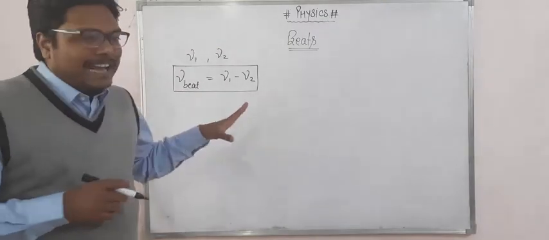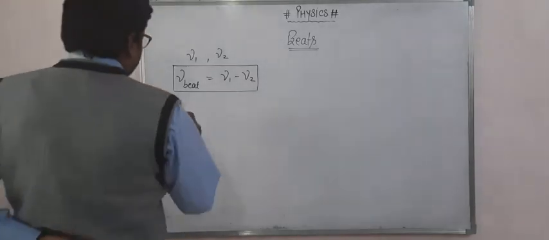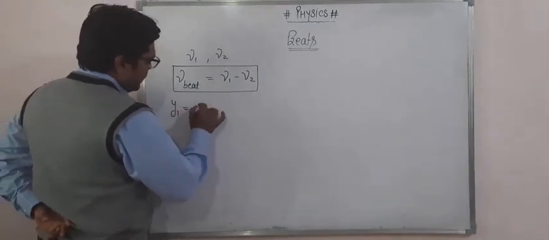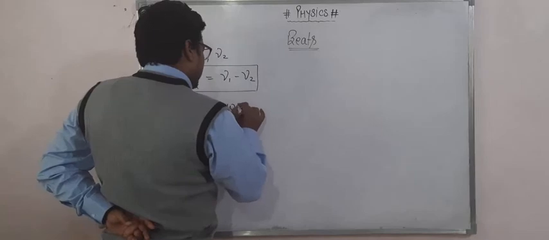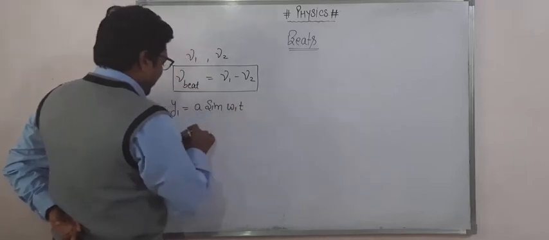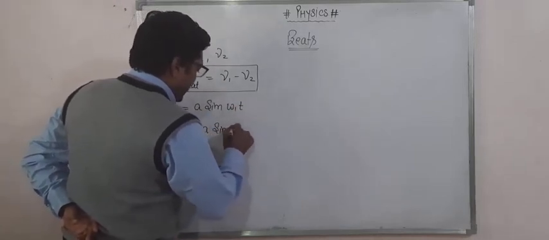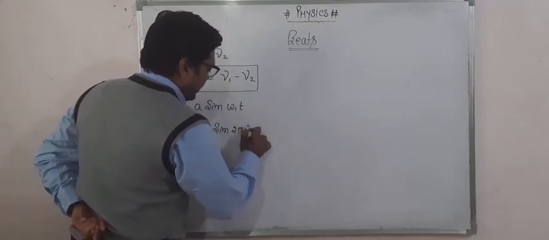Okay, so how can we calculate it? With the help of superposition, similar to the previous topic, we can calculate the beat frequency. Let us suppose two waves are traveling in a medium having frequencies nu1 and nu2. Their displacements are given by y1 equals a sine omega1 t, which you can write as a sine 2 pi nu1 t.